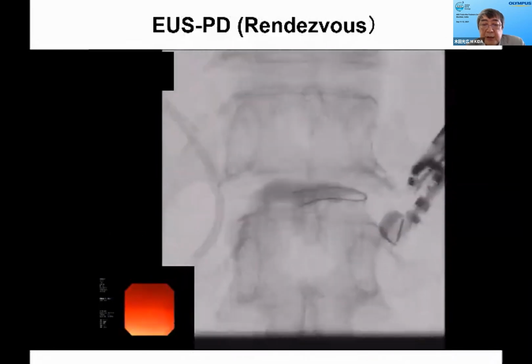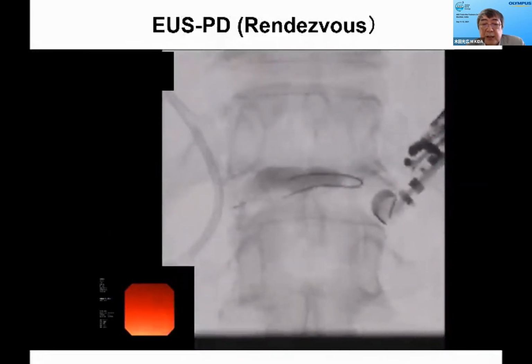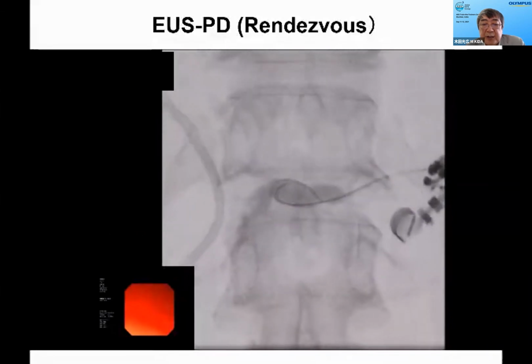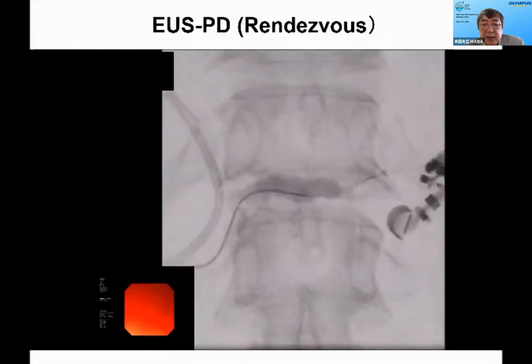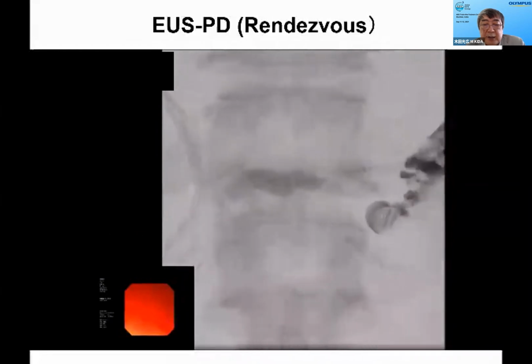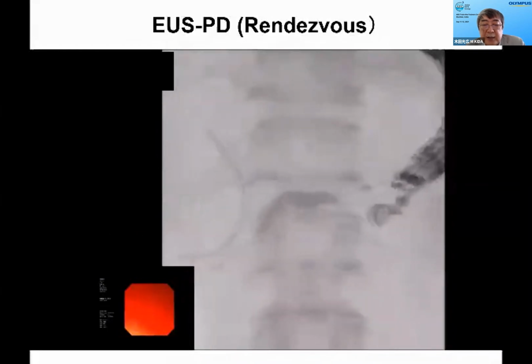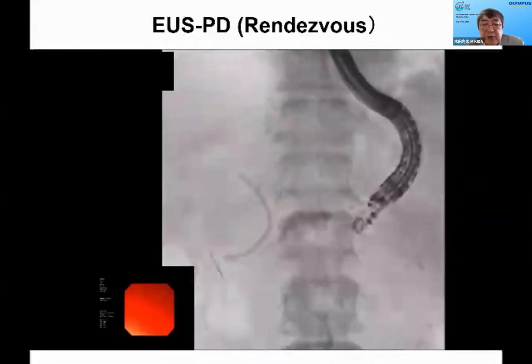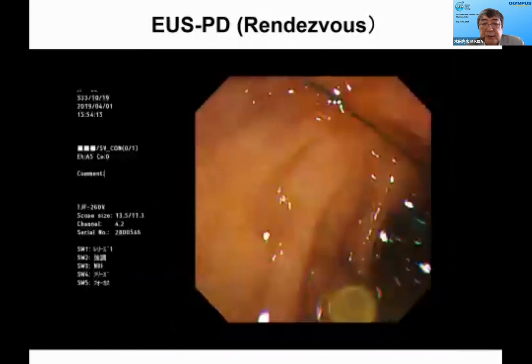After that, we insert the guide wire, then negotiate the guide wire, and we insert the guide wire into the duodenum as much as possible. Then we exchange the endoscope to the duodenoscope.